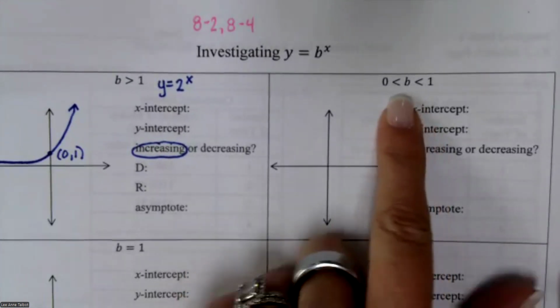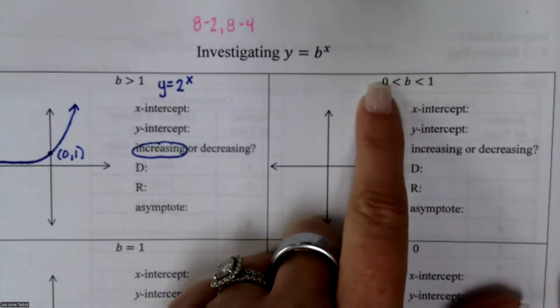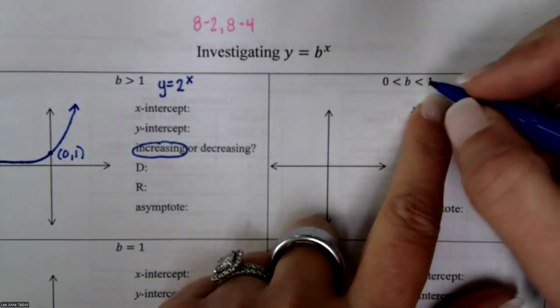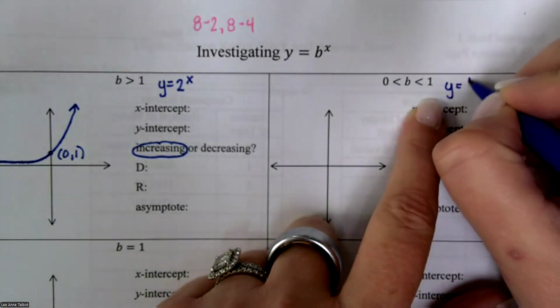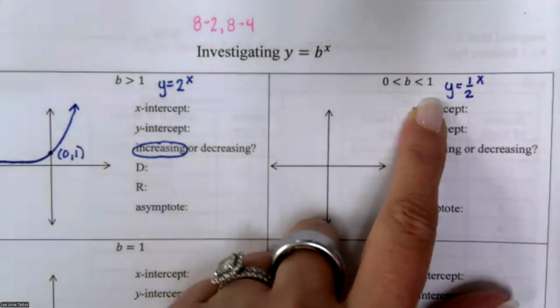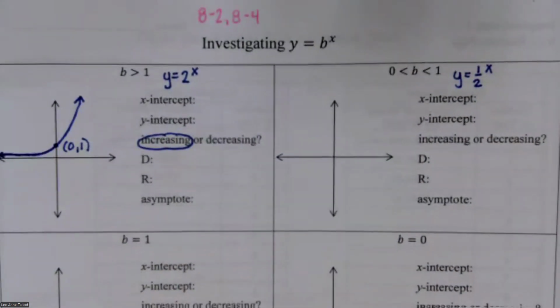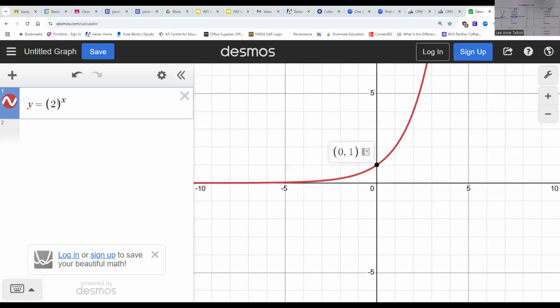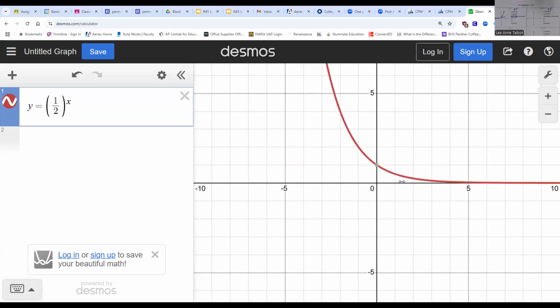Okay, now for the second box, it says choose a b anywhere between 0 and 1. And I'm going to choose 1/2 because it's easy. So 1/2 to the x. Okay, and notice it's coming down and also crossing at (0, 1).